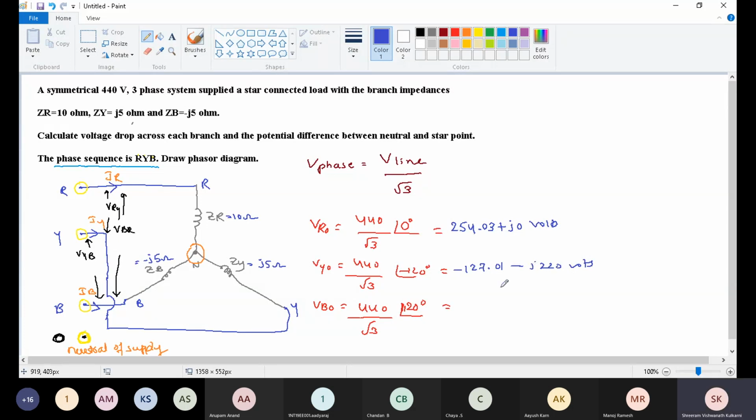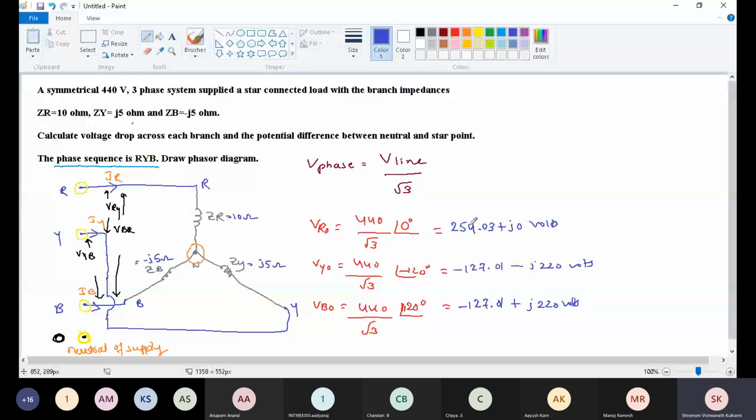Kindly verify this one. Then I'll get VB0 as minus 127.01 plus j220 volts. Now tell me, this is in the form of a plus jb. Which type of form is this, polar or rectangular? Rectangular. This is in the rectangular form.